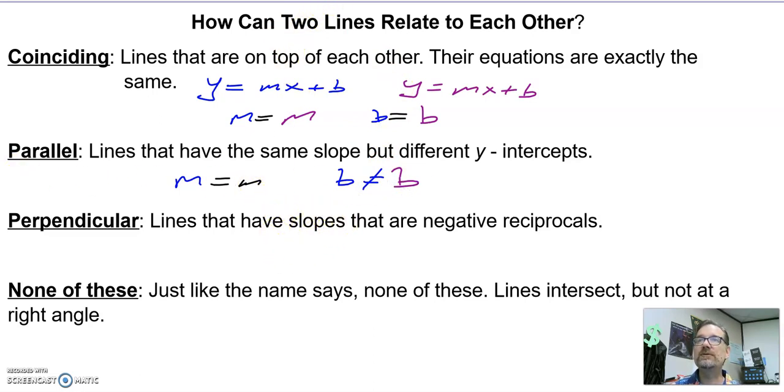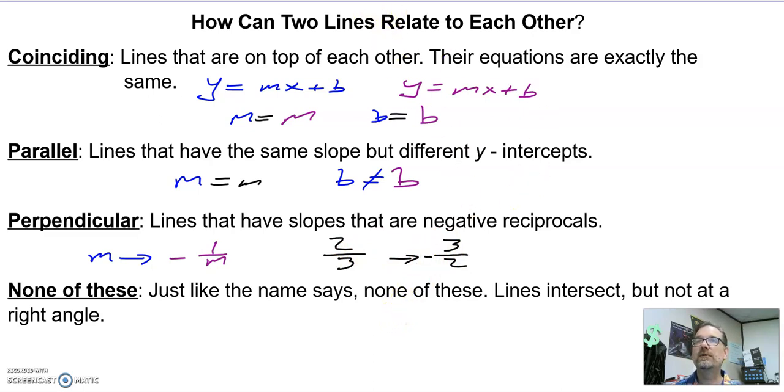Negative reciprocals are when I take one slope, flip it upside down, and change the sign. So in general, m becomes -1 over m. With numbers, that would be something like 2/3. I'm going to flip it upside down and change the sign.